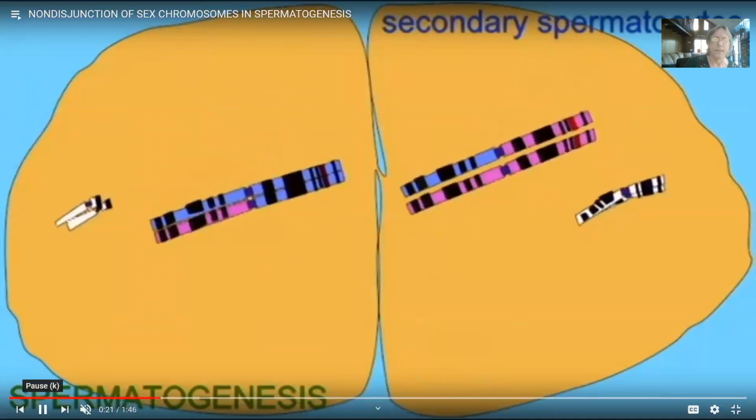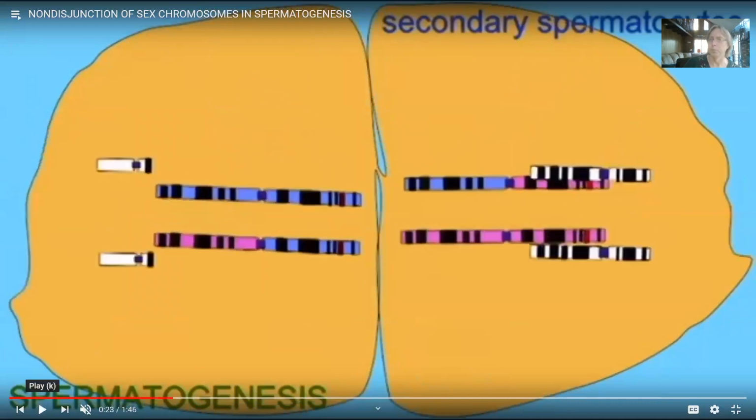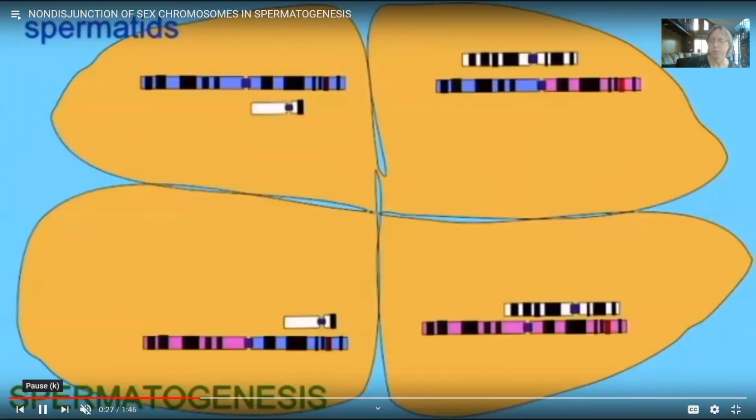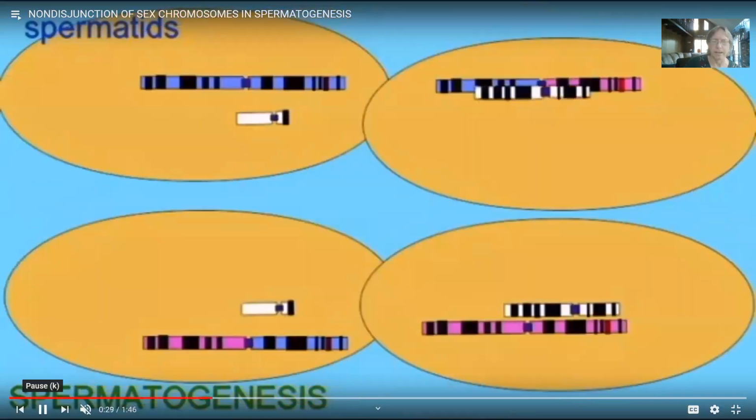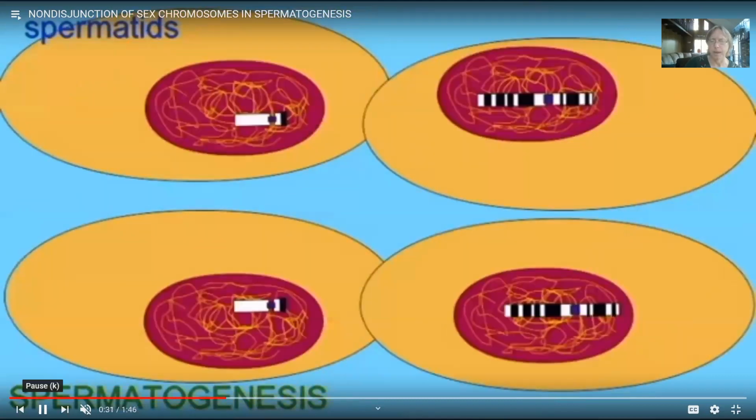Then the secondary spermatocyte goes through prophase 2, metaphase 2, anaphase 2, telophase 2, and splits a second time, and we get the spermatids, which grow tails and become the spermatozoa.